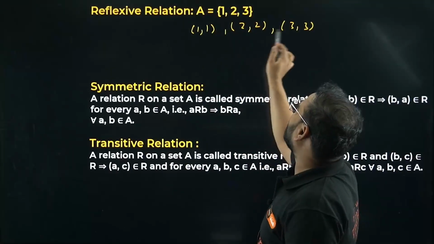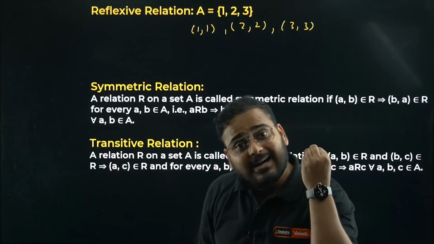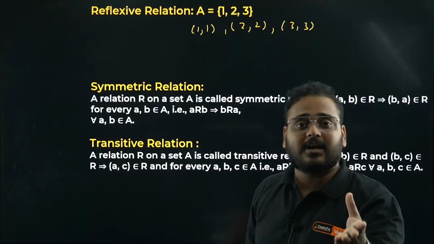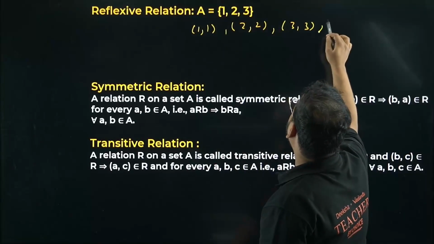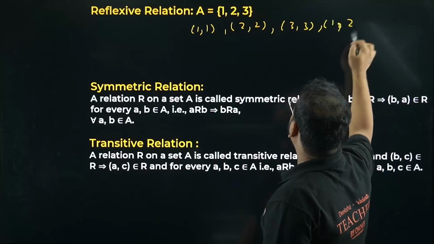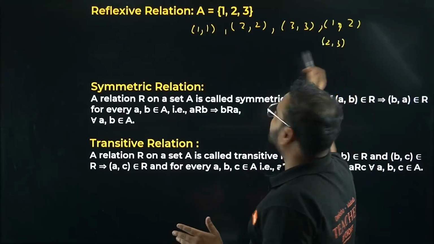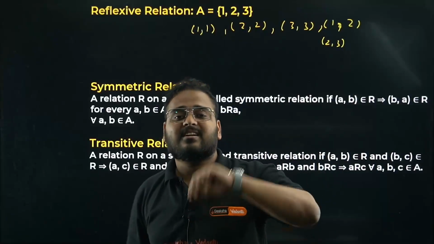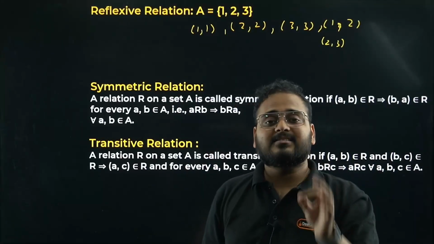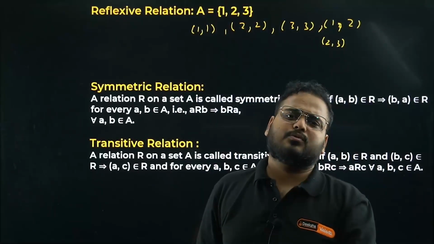So 1 comma 1, 2 comma 2, 3 comma 3. That is compulsory. This has to be there. But if I write 1 comma 2, that also is okay. If I write 2 comma 3, that also is okay. Means whenever there is a relation where the element is related to itself and with others also, that's not a problem.